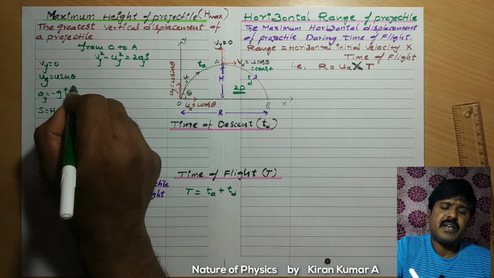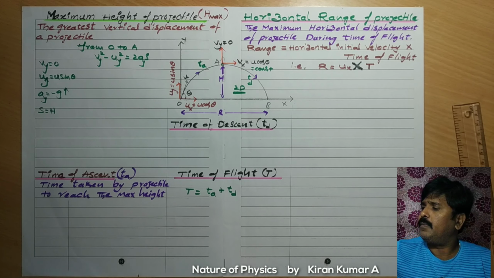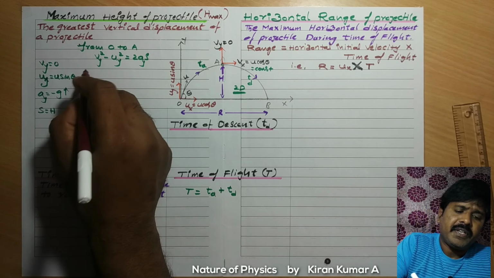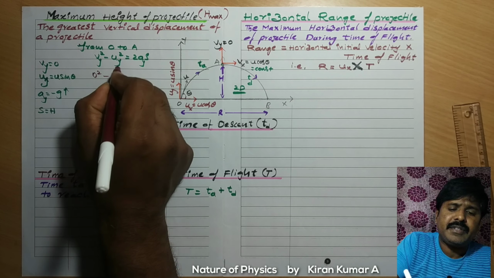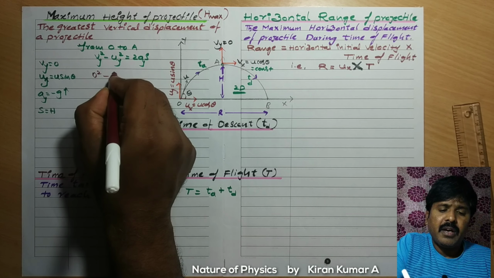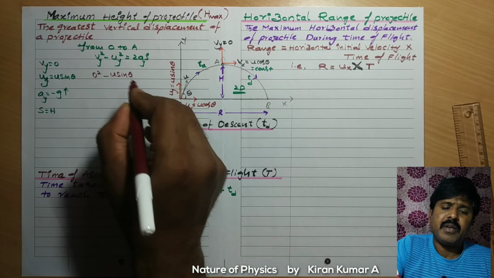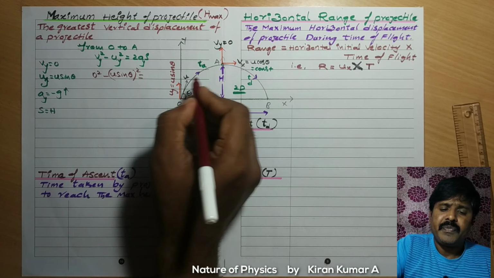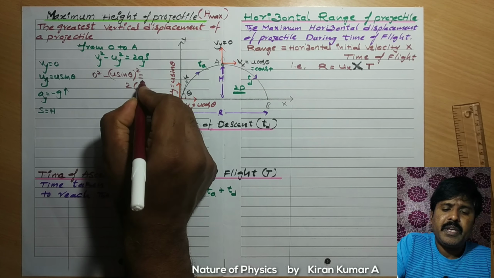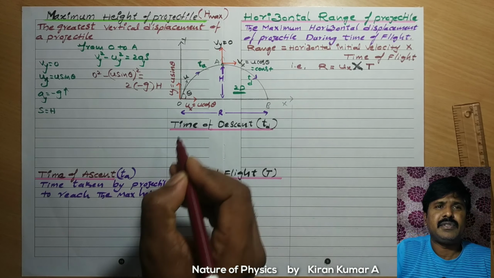These four values are replaced in this equation, so that we will get Vy square is equal to 0, students, 0 square minus Uy, we got u sin theta already clearly given in the diagram, students, whole square which is equal to, next 2 into a value is minus g and s is taken as h, students.